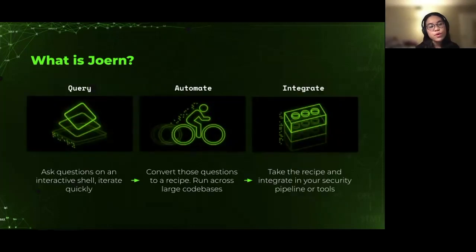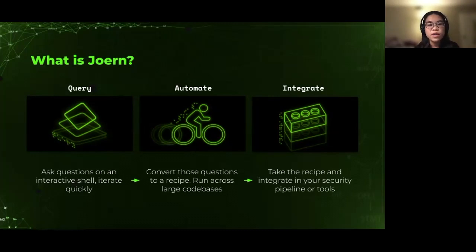So what you can do with Yearn is that you can ask questions about your code base with the shell, and then you can formulate queries that look for specific behavior in your code, like insecure coding practices or outright vulnerabilities that the attackers can exploit. And then you can convert these queries into a script that allows you to run them repeatedly and automatically across a wide variety of applications.